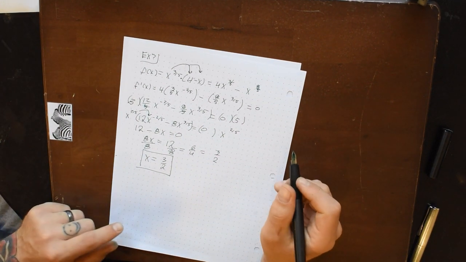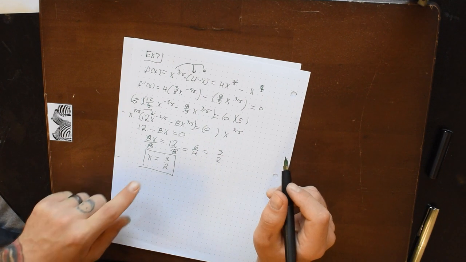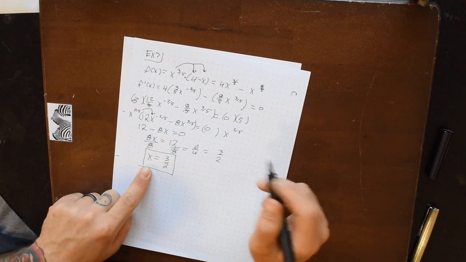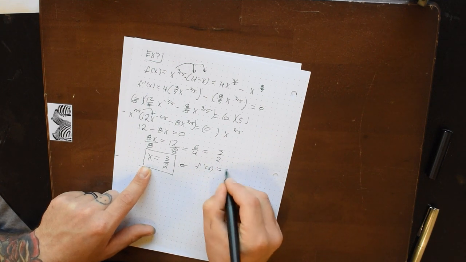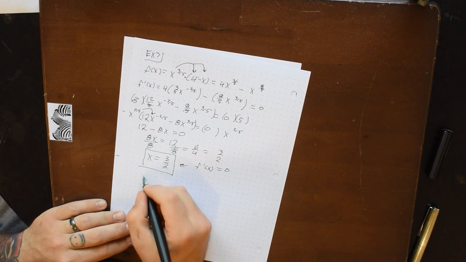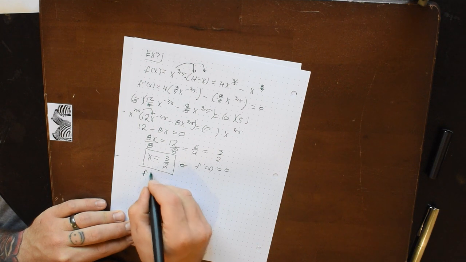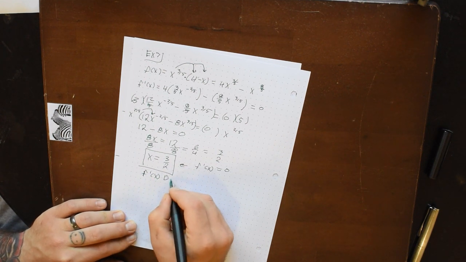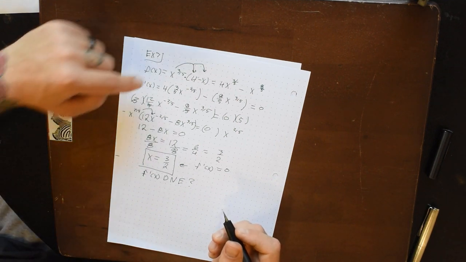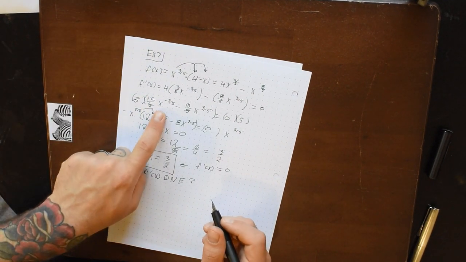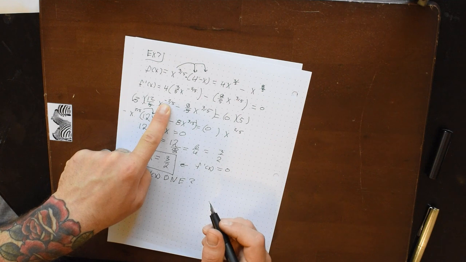Perfect. There's one more critical number. This is where our derivative equals 0. But what about when f prime of x does not exist? Well, if you look right here, f prime of x actually has an x in the denominator.